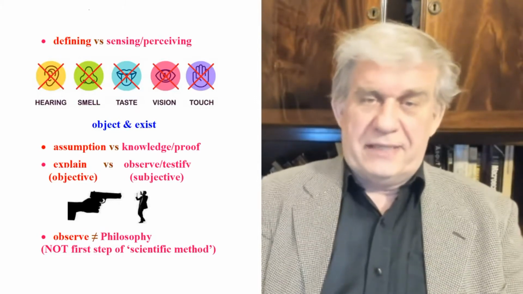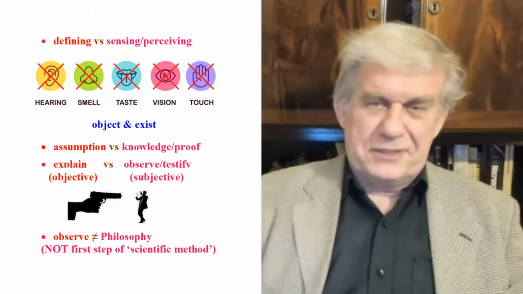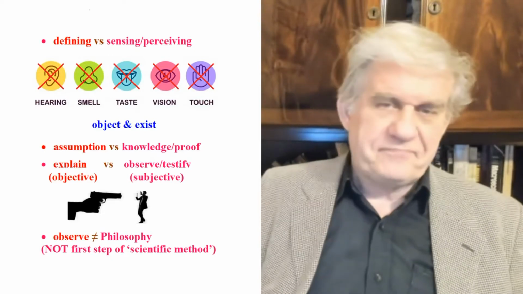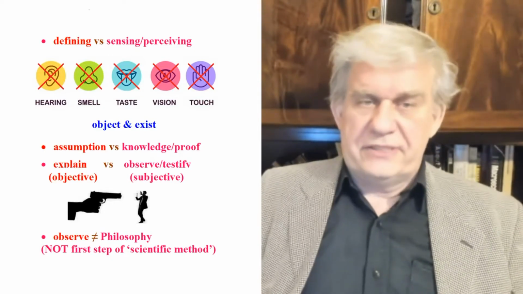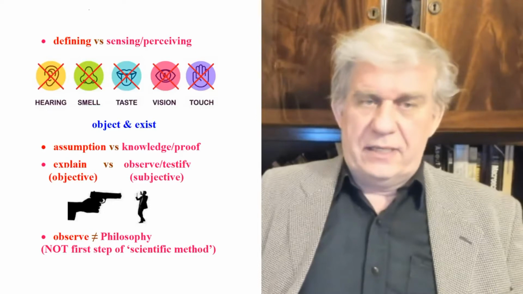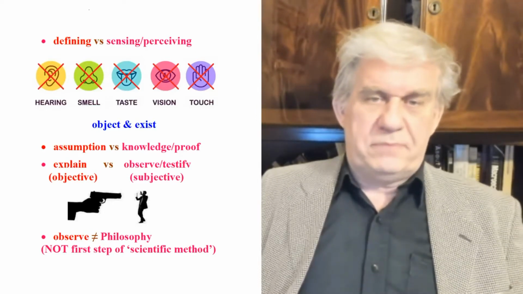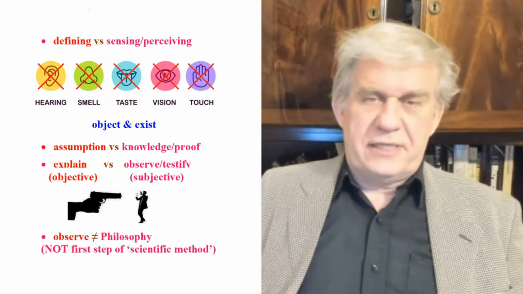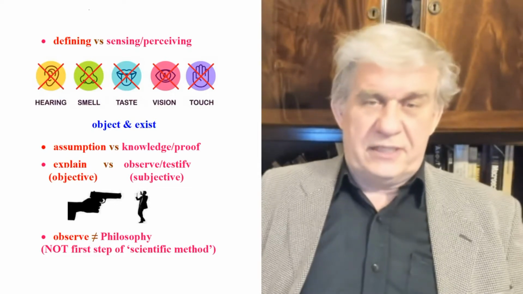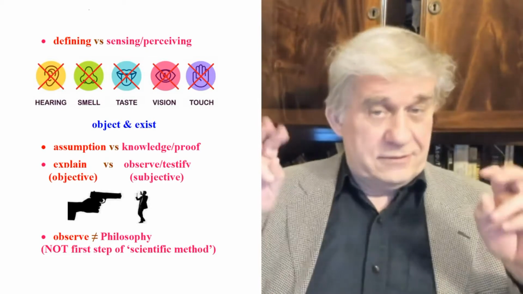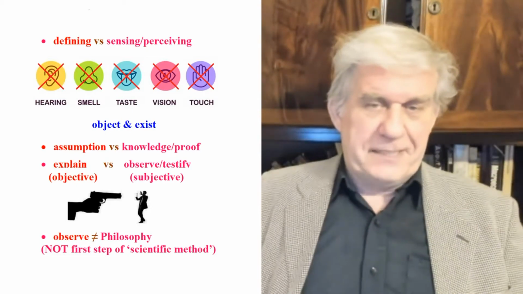And that's why we had to step in and erase all that, throw it in the trash can. No good. We have to get rid of the senses. You have to define the word object, you have to define the word exist, you have to define them crisply, you have to define them rigorously so that you can use them consistently, rationally, scientifically, okay?